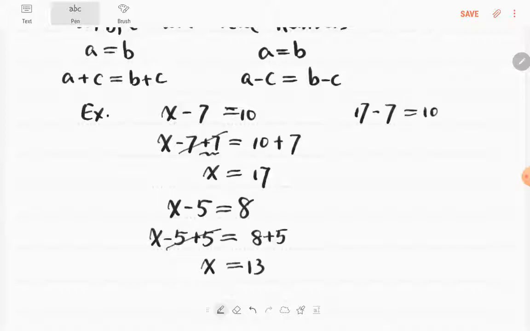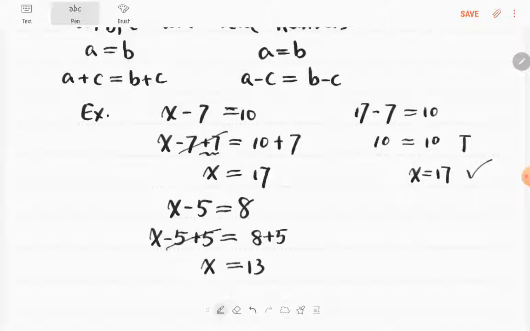So it will be 17 minus 7 equals 10. Then we can check the left side first. For the left side, we get 10, right? And right side is also 10. And then we know the last statement is true. So we confirm this is the solution.